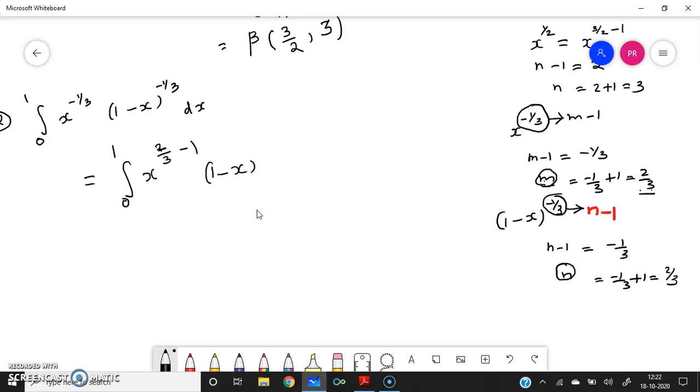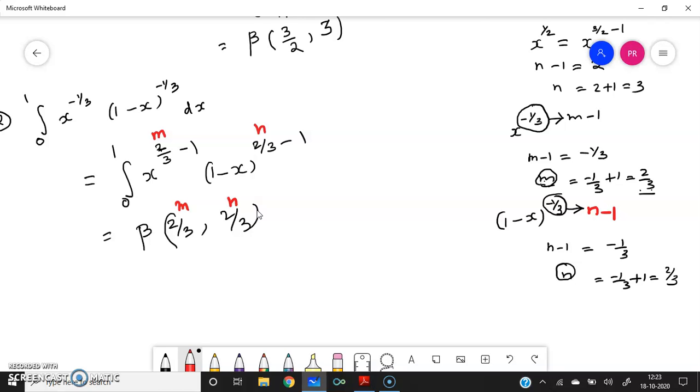Minus 1 by 3 can be written in the same way as n minus 1. What is my n? N is 2 by 3, so n minus 1 is 2 by 3 minus 1. What is this? Beta of m comma n. This is my m and this is my n, and this is beta of m comma n.